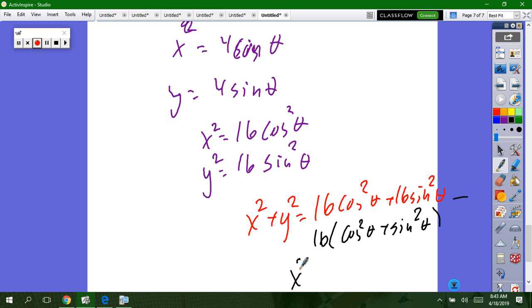Which is good. And isn't that the equation of a circle? X squared plus y squared is r squared. Right? And you guys remember doing some of that? But you see, by squaring it, we allowed those ones to become one. So we eliminated the theta.